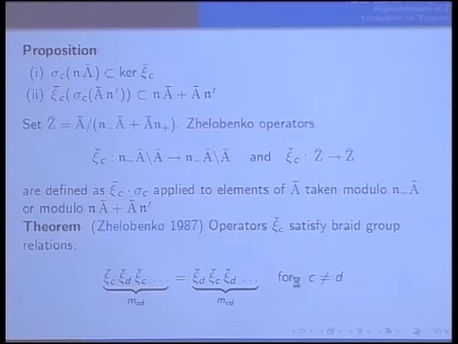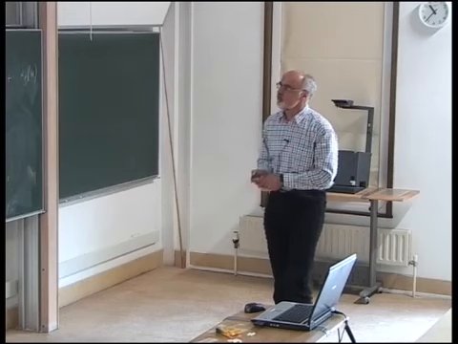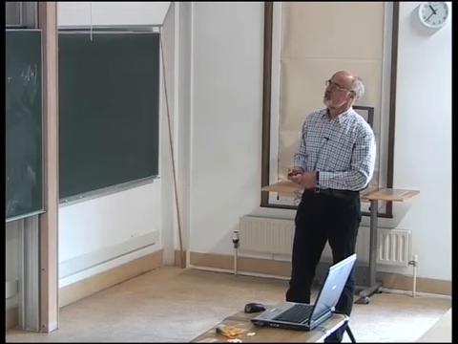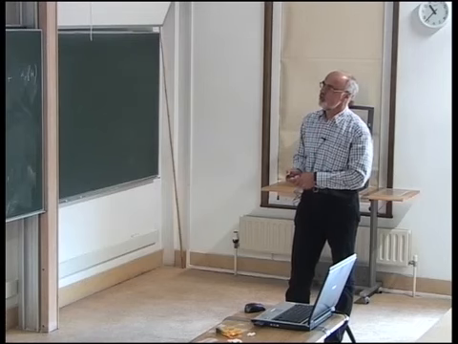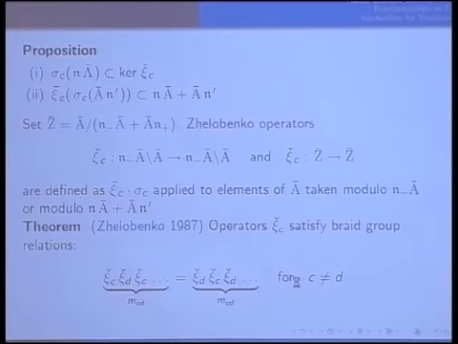However, after using this property, one can observe that this property allows to define operators from this coset to this coset, and from the double coset space to double coset space.